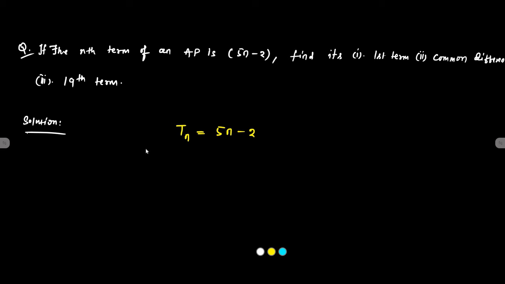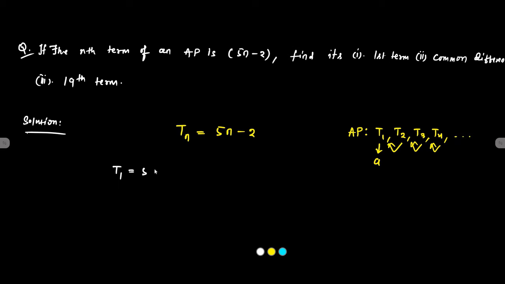The AP consists of several terms, T1, T2, T3, T4, like this. T1 is basically called small a, the first term, and there is a common difference between each term. So first, we have to find out the first term, T1.